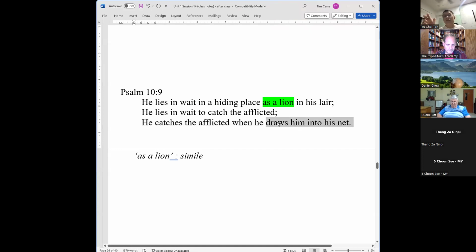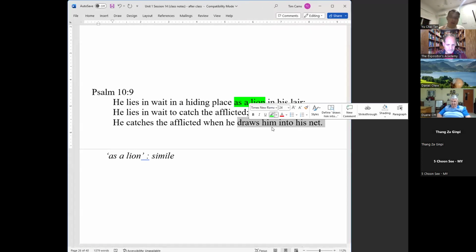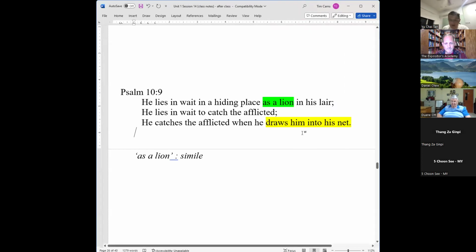Again, the net, what is this now? What's the picture here? Well, the net is an entrapment, yes, but what is this? It's not a like comparison.